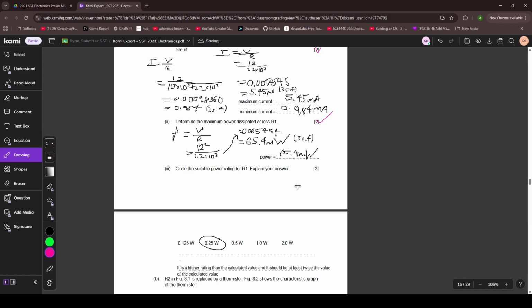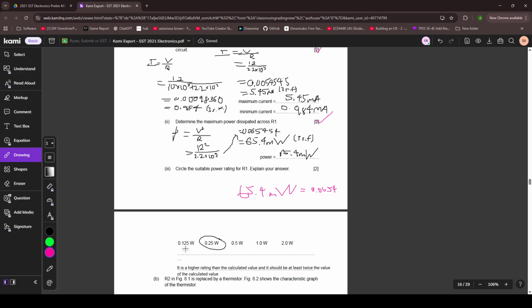And then you circle 0.25 watts. Oh yeah, 65.4 milliwatts. That is not watts. It's equal to 0.0654. So it has to be 0.25.